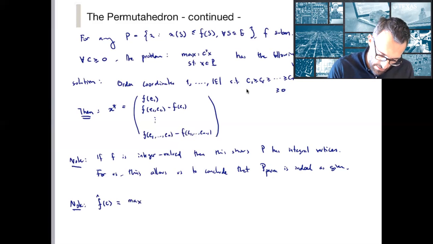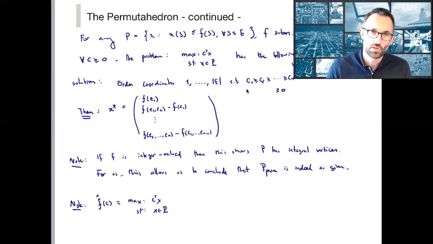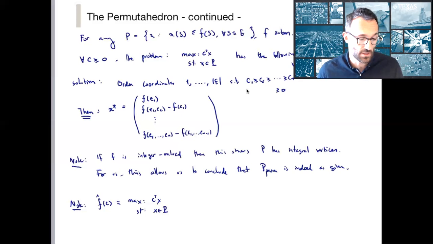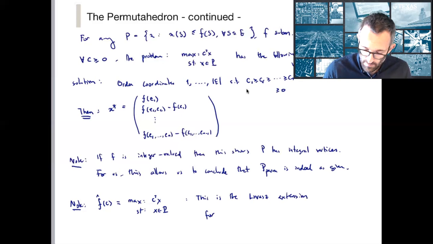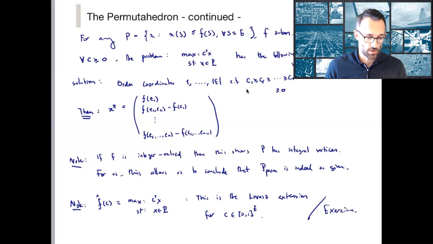And it's equal to max c transpose x subject to x in P. I'll leave this as an exercise for you to show that this is essentially the Lovász extension, taking values for any c that's in 0, 1 to the e.